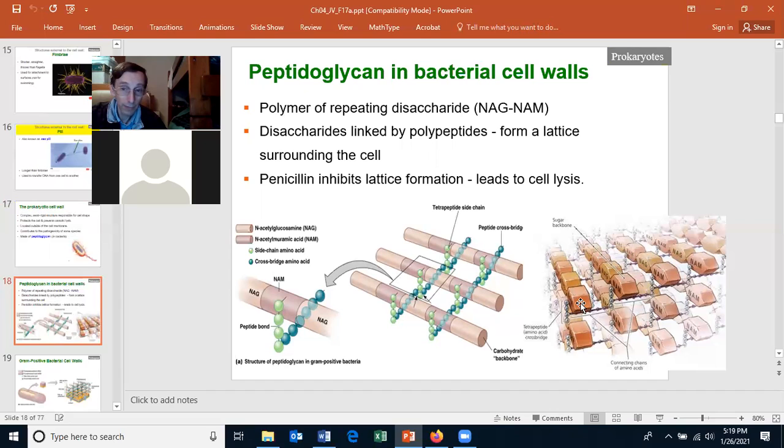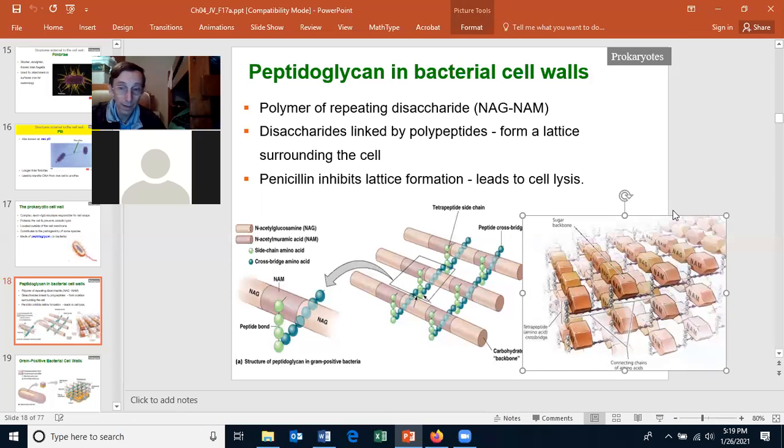and then the chain will have another chain next to it, next to it, next to it, and then this plane will have a plane of NAG and NAM chains underneath it, and another one underneath it, and then one above it. And do you remember when I told you when you're looking at the gram-negative cells and it only showed you one peptidoglycan layer like that?